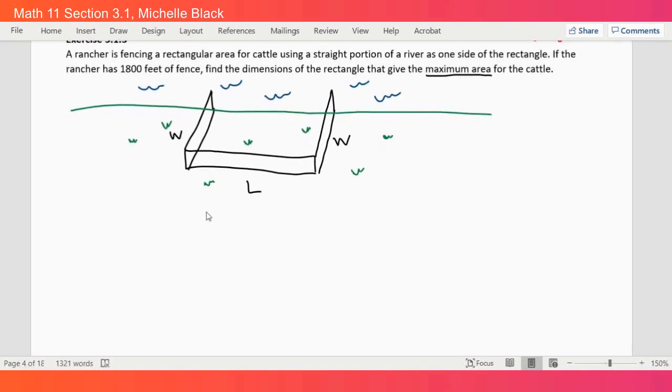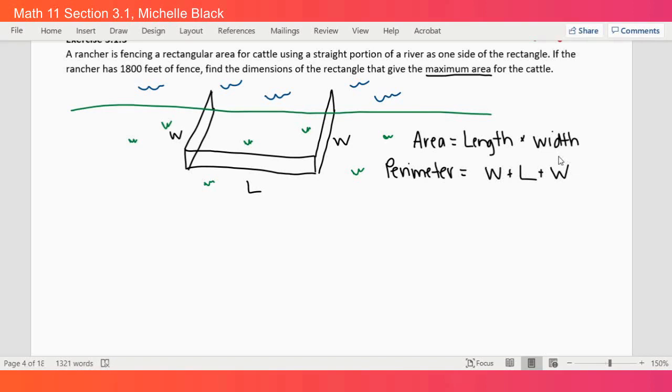Okay, so the 2 formulas I know are area is length times width, and I know perimeter, which is where you just add up all the sides. So for us, that's going to be a width plus a length plus a width.